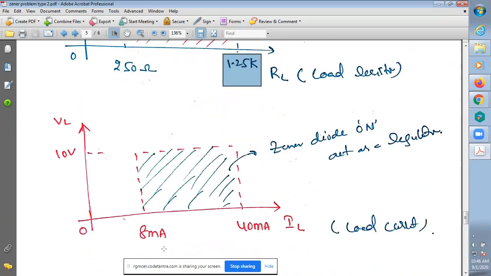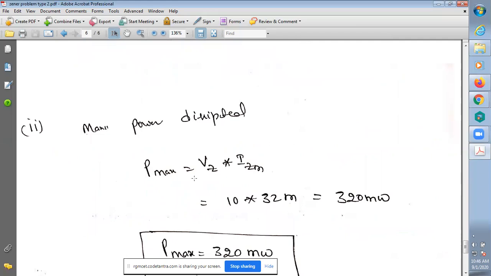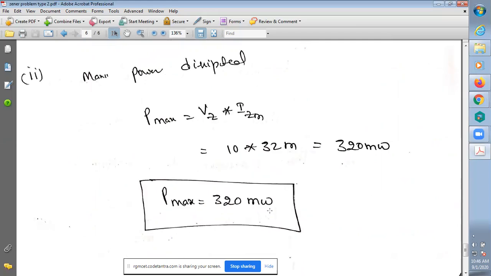Similarly, for load current values, minimum load current is 8 milliamperes and maximum load current is 40 milliamperes. During this entire range, the Zener diode acts as a voltage regulator. And finally, maximum power is equal to Vz times Iz maximum, that is equal to 320 milliwatts. Like that, we solve the problems.